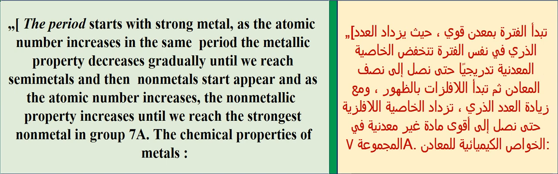As the atomic number increases in the same period, the metallic property decreases gradually until we reach semimetals, and then nonmetals start to appear, and as the atomic number increases, the nonmetallic property increases until we reach the strongest nonmetal in group 7A.